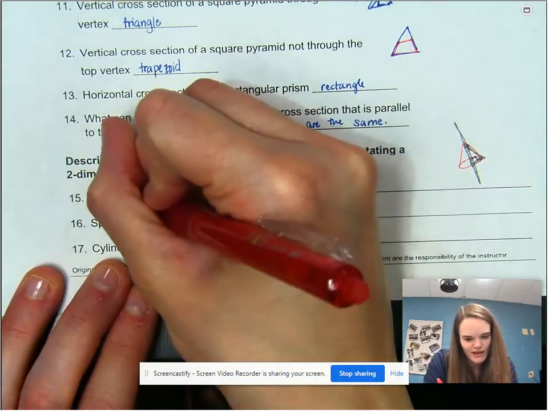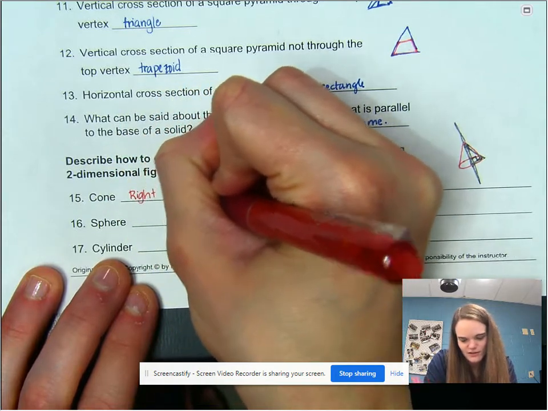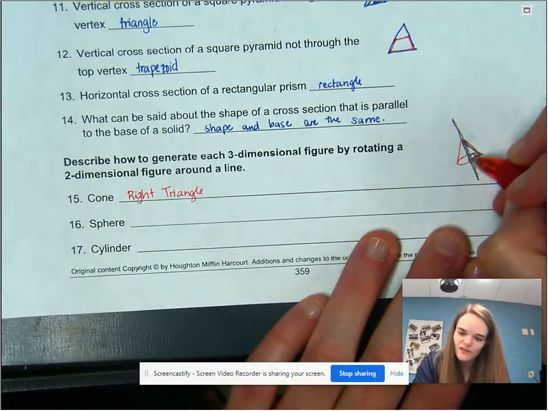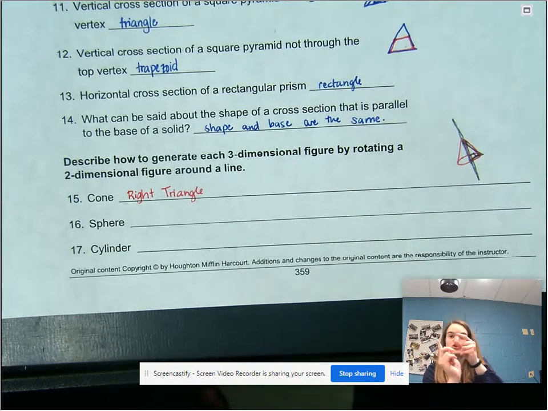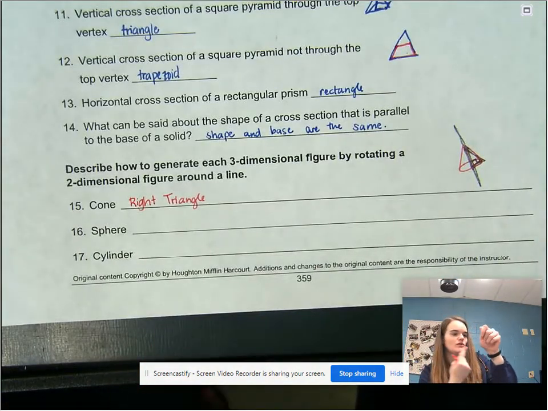Now, here is what is actually being asked, even though this is how you find it. If I take this two-dimensional shape and I turn it around over and over again, what will it make? Well, if I take a right triangle and I turn it over and over again, it will make a cone.